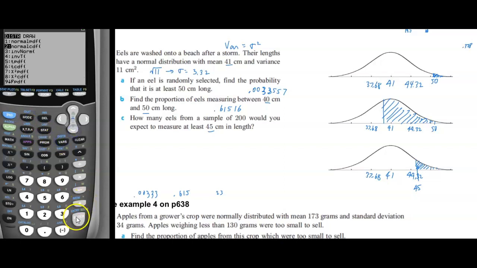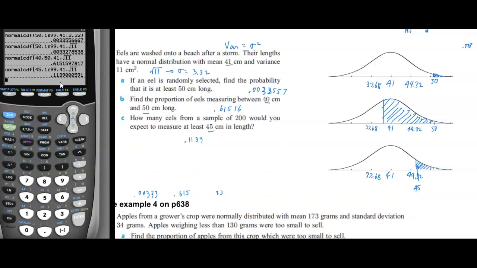Second distribution, norm CDF, and we're going to put 45 centimeters as our lower, and our upper is going to be 1E99 because we're looking for infinity for upper, and then 41 and square root of 11, right? And then this will give me 0.1139. That's what I was estimating, about 10%, right? So that's about right.